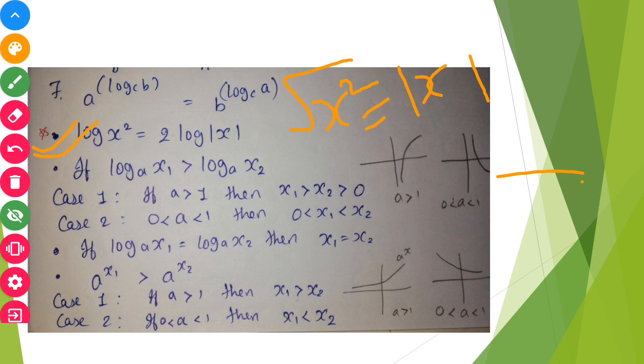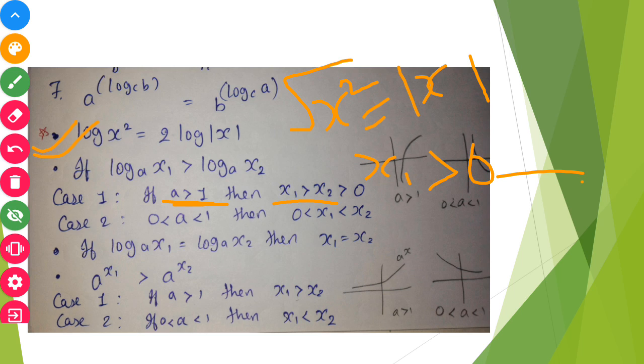And now see a few cases. If log of x1 to the base a is greater than log of x2 to the base a, then we have to check the a. If a is greater than 1, then x1 is greater than x2, and obviously x2 is greater than 0, so this is the first case.